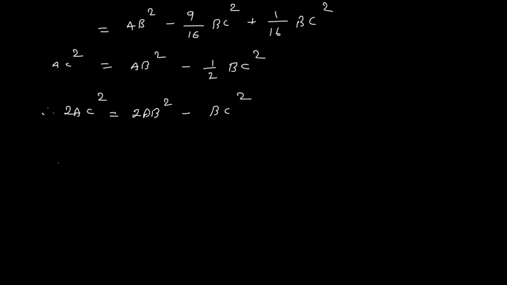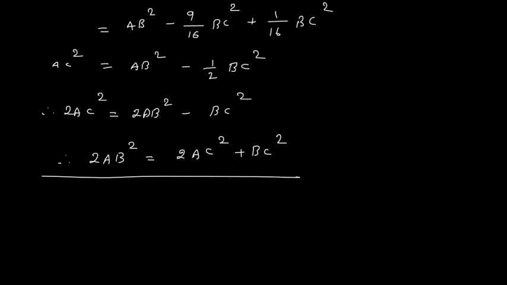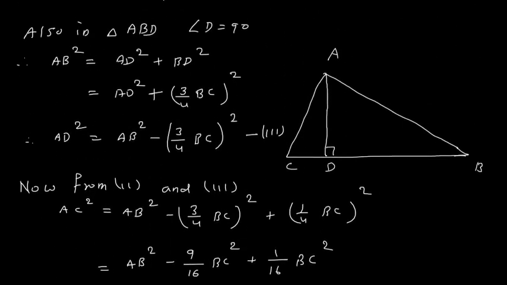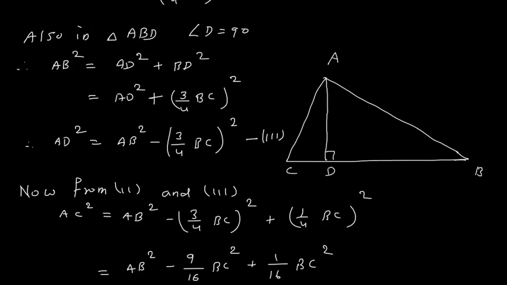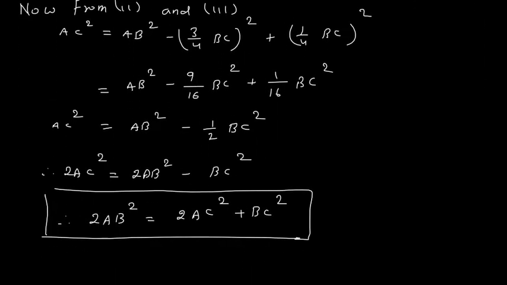So therefore I have 2 times AB square is equal to 2 times AC square plus BC square. Simple. So what we have done, one by one we expressed CD in terms of BC, BD in terms of BC, AD in terms of AB and BC. So we have 3 variables only, AB, BC and AC, and this is what we need to prove.